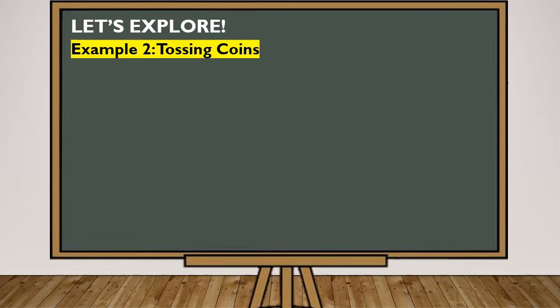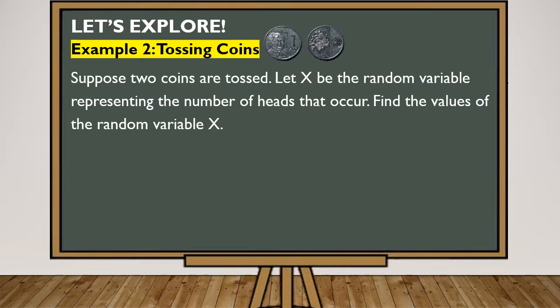Okay, next example. Example number 2, tossing coins. So suppose 2 coins are tossed. Let x be the random variable representing the number of heads that occur. Find the values of the random variable x.